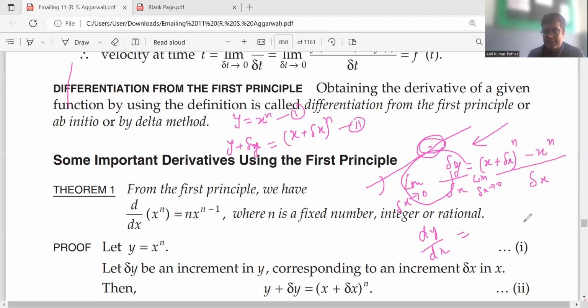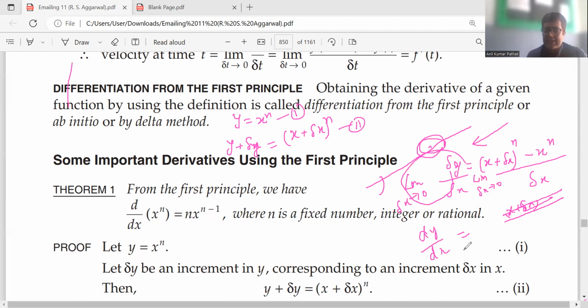So can we write this function like x plus delta x to the power n? There are two ways. We just open this bracket.